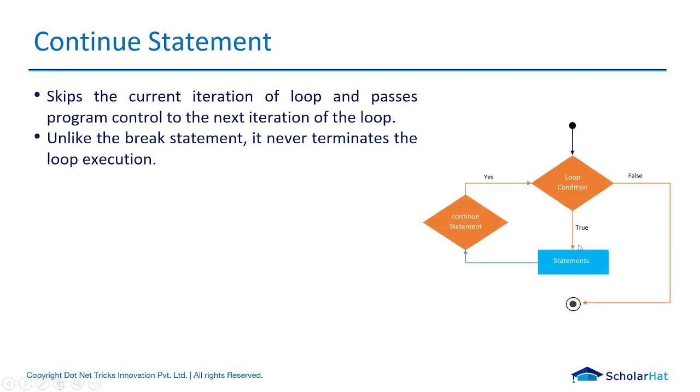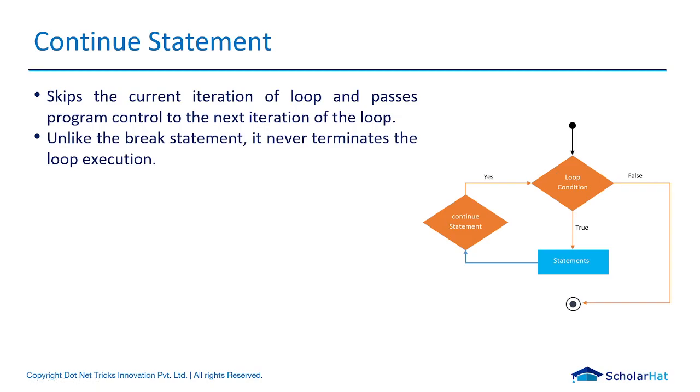If you see the code flow, the flow chart of it, whatever statements come after the continue will just get skipped, and it will continue in the loop. But in break, the loop will not be continued.